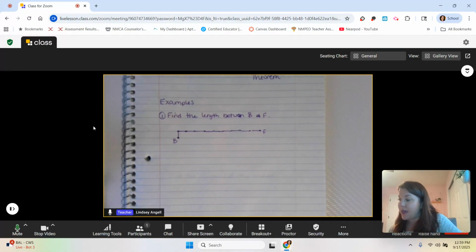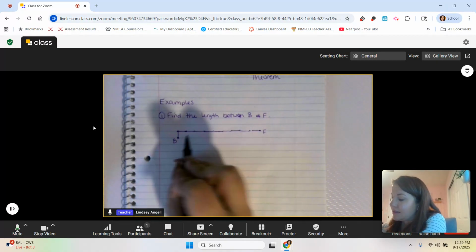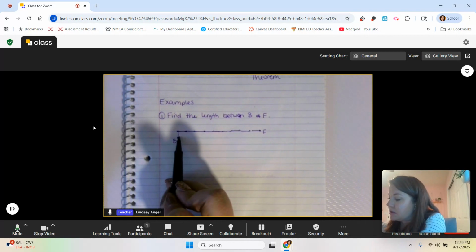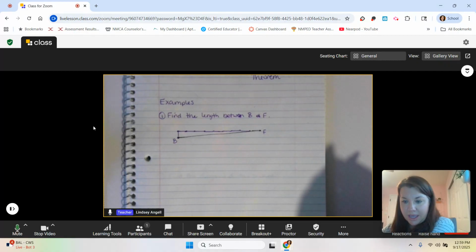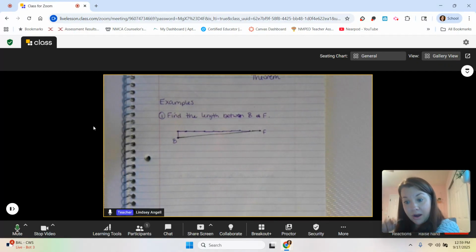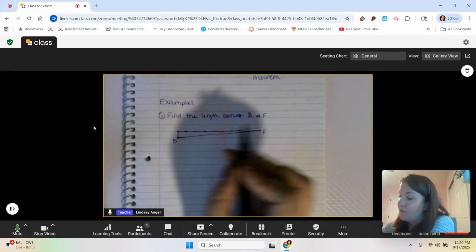Notice that's this angled distance right here. What I do know is how far up I can go from B up to the same level as F, and then how far over.